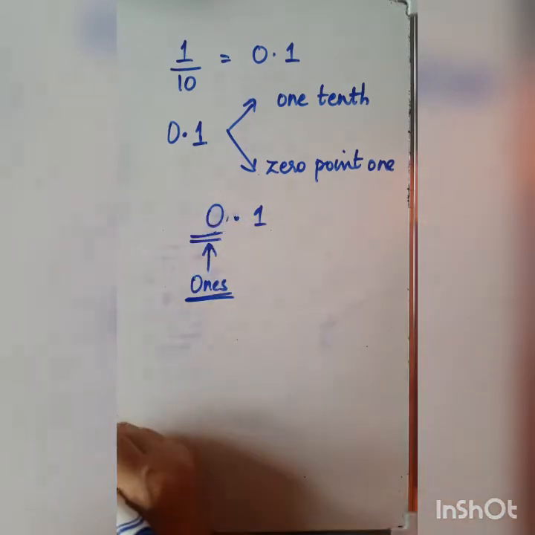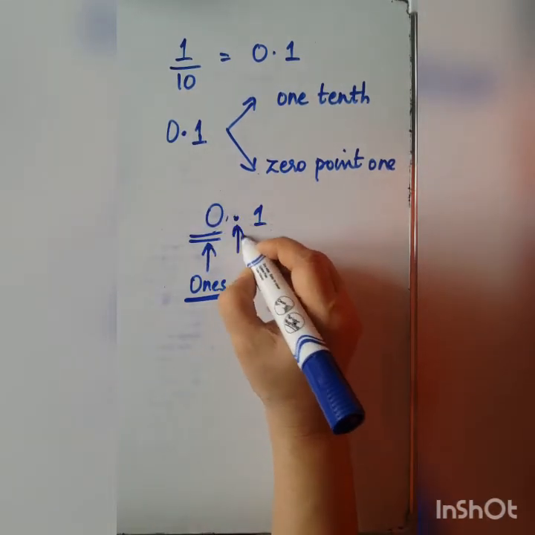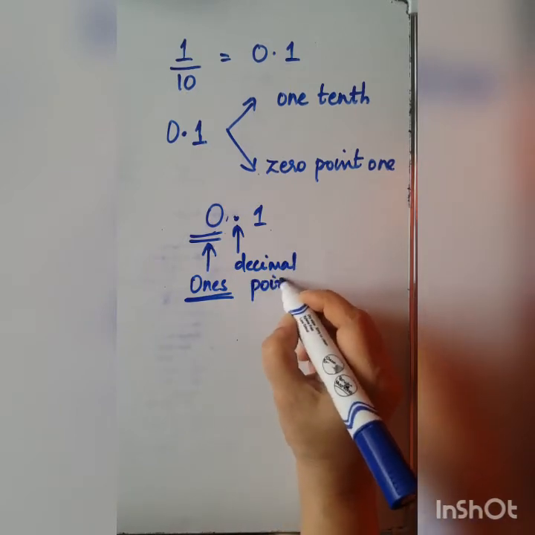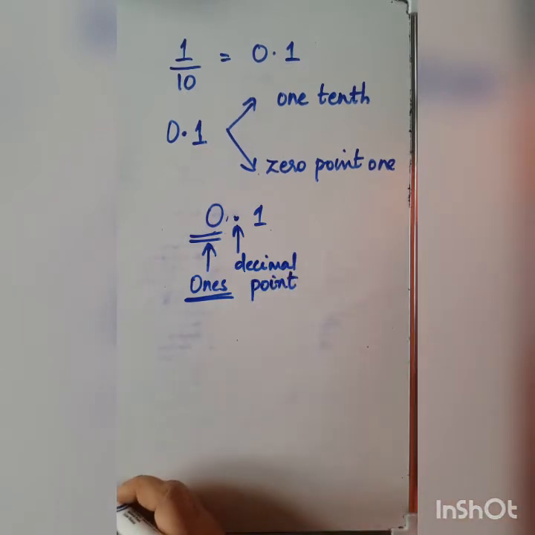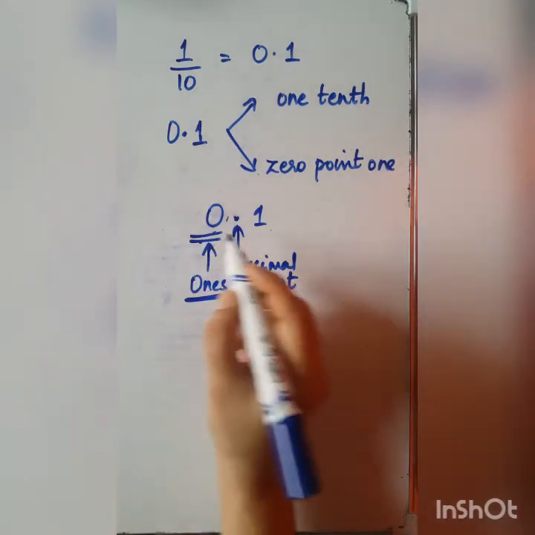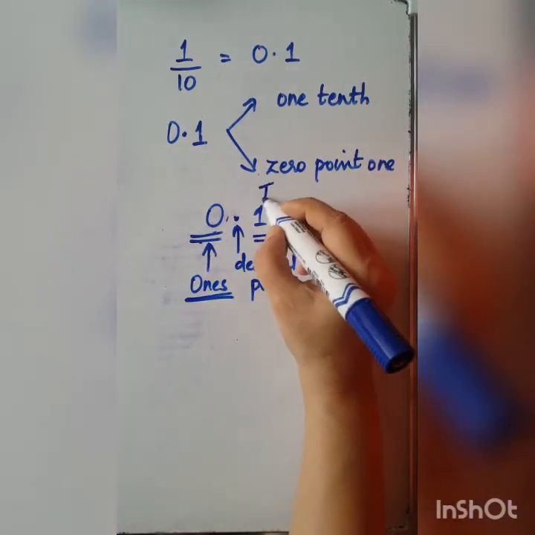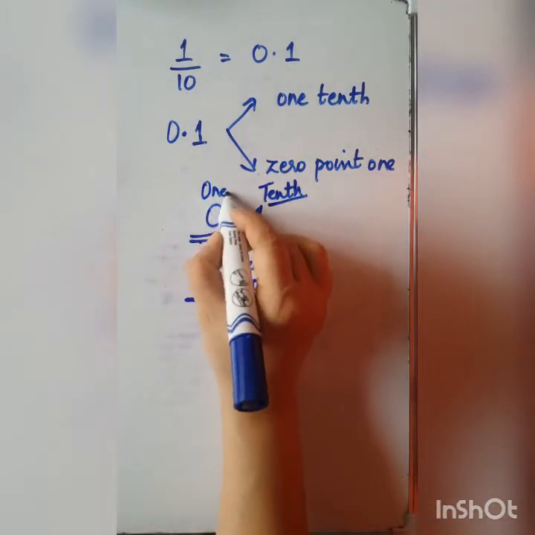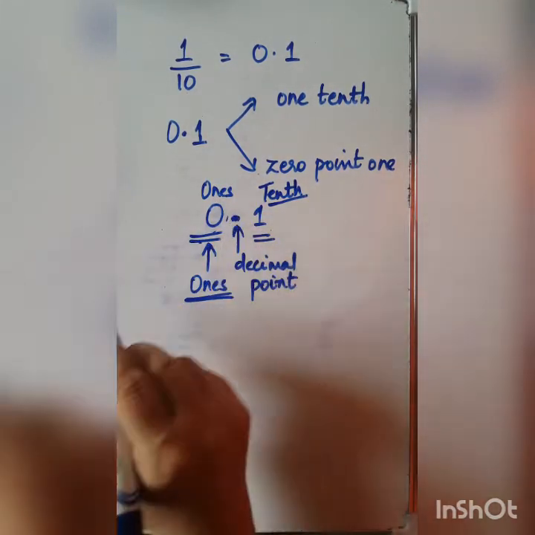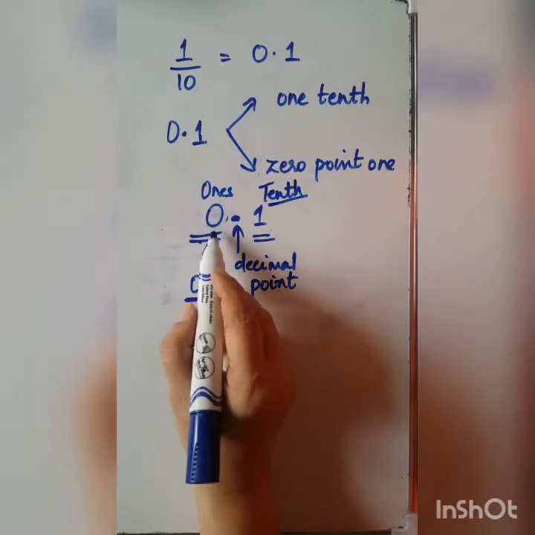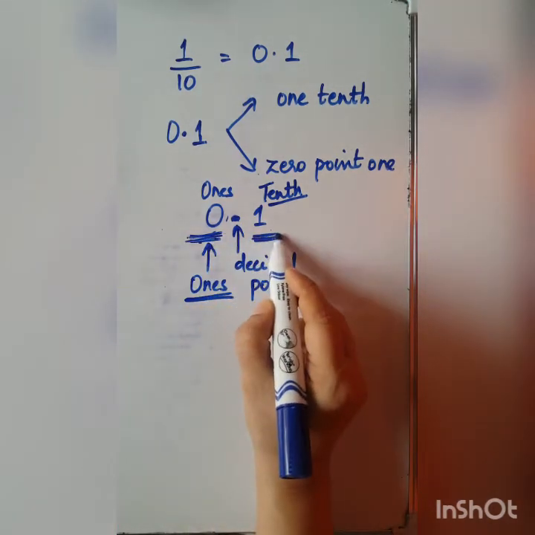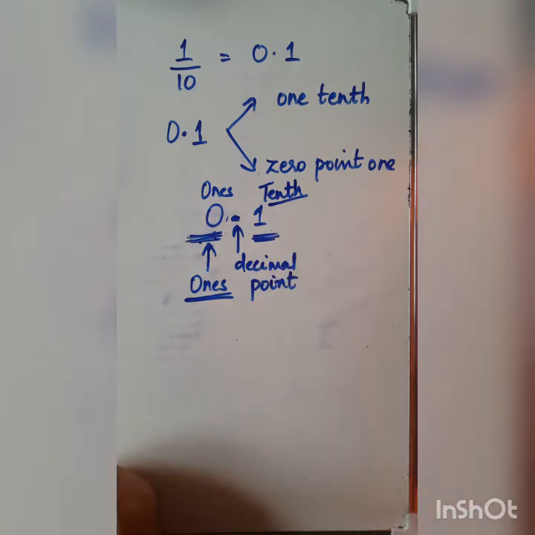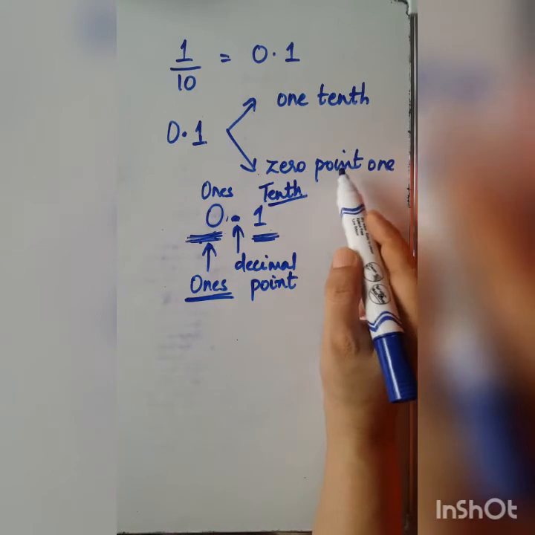There is nothing at the ones place. This point shows the decimal point. Now this decimal point separates the ones place from the tenths place. This is the tenths place and this was the ones place. So this decimal point acts as a marker for separating the ones place from the tenths place in decimal numbers.